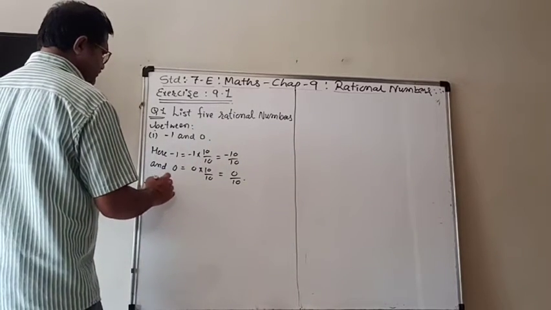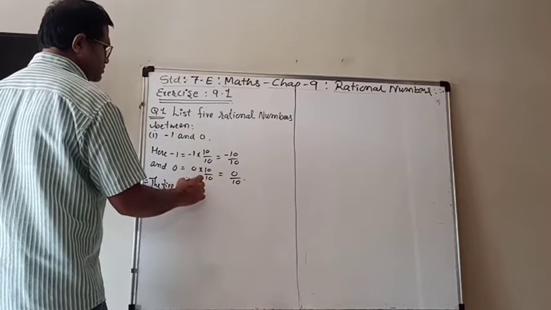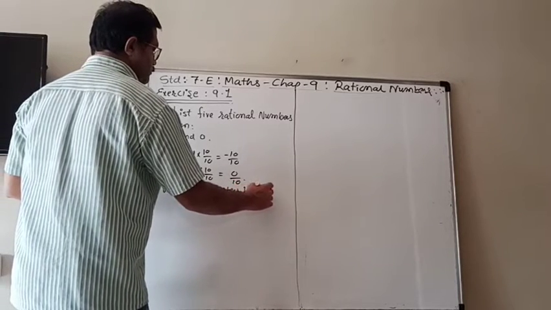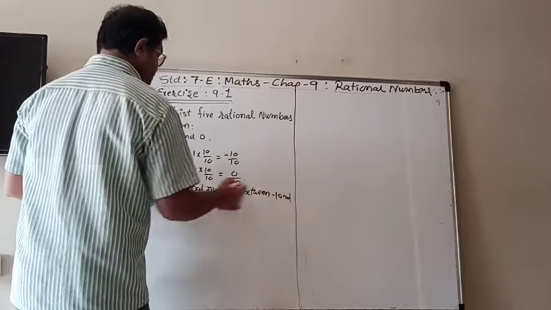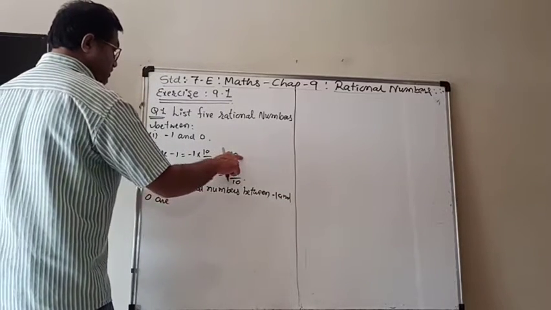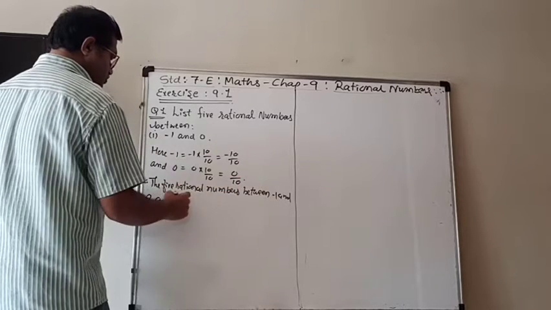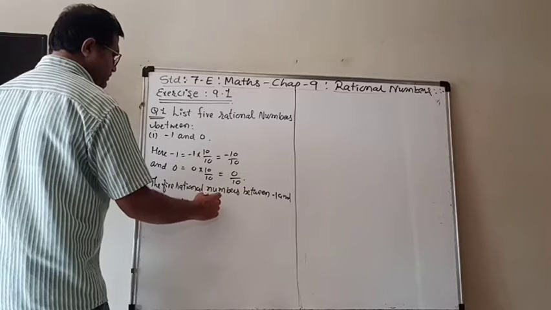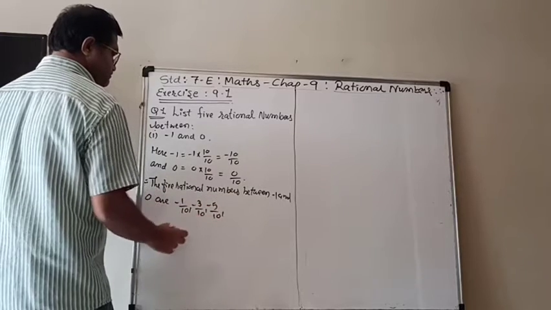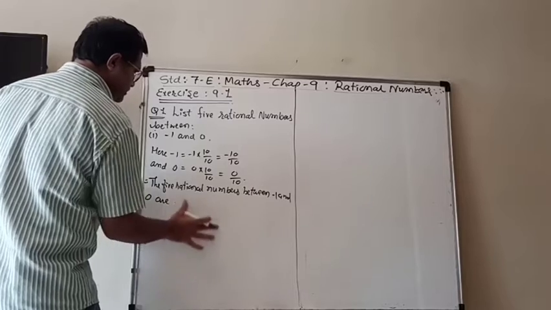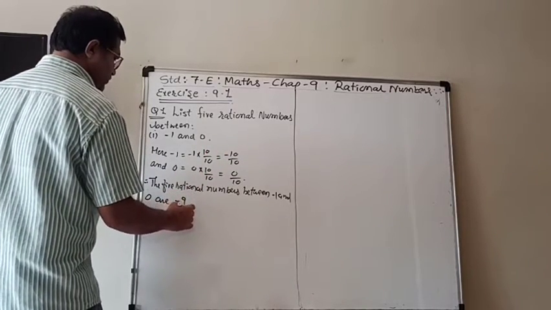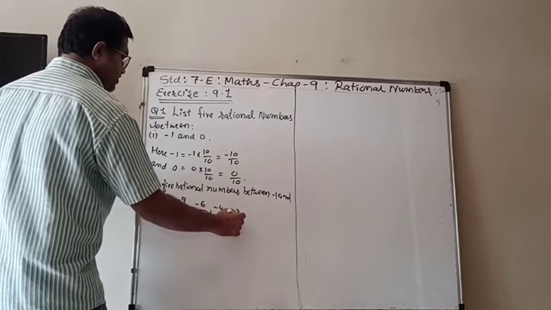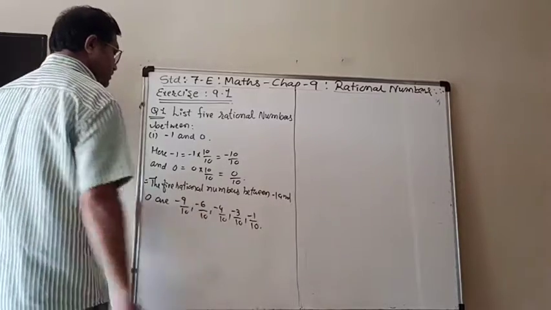Therefore, the 5 rational numbers between -1 and 0 are, so now you can take between 0 and -10, you can take -1 upon 10, -3 upon 10, -5 upon 10, or go from -10 to 0, means -9 upon 10, -6 upon 10, -4 upon 10, -3 upon 10, -1 upon 10.